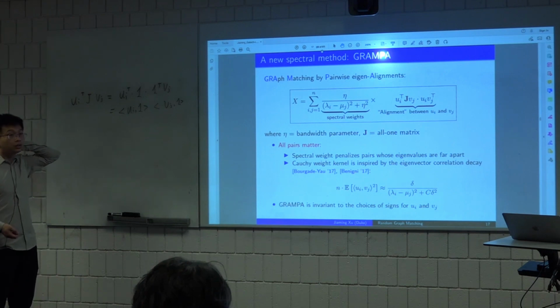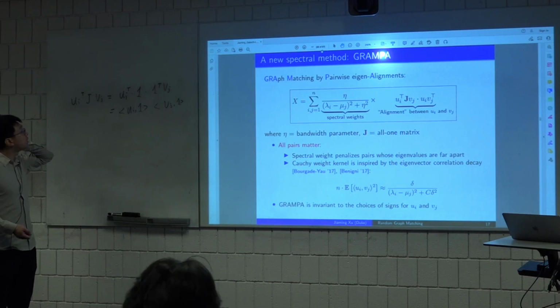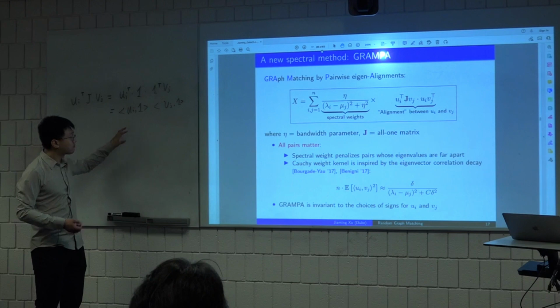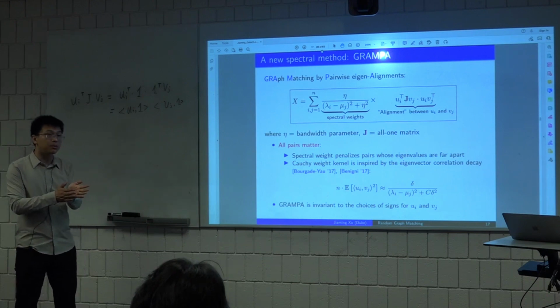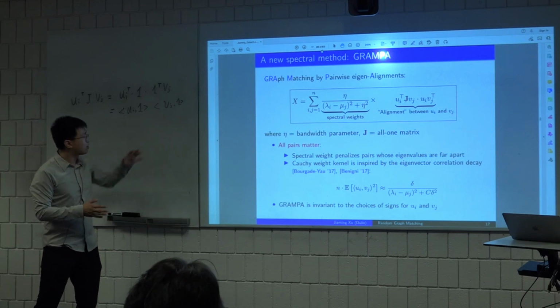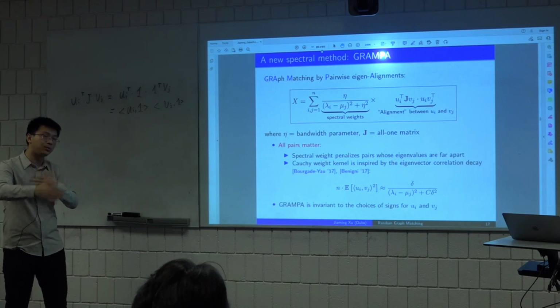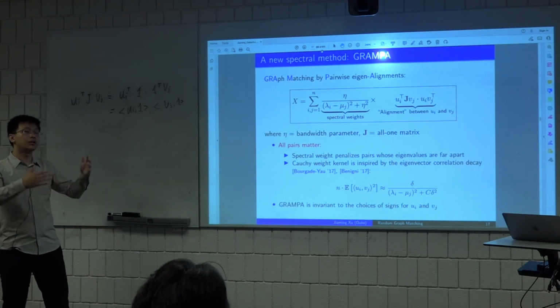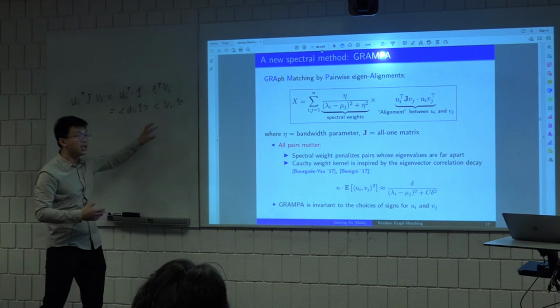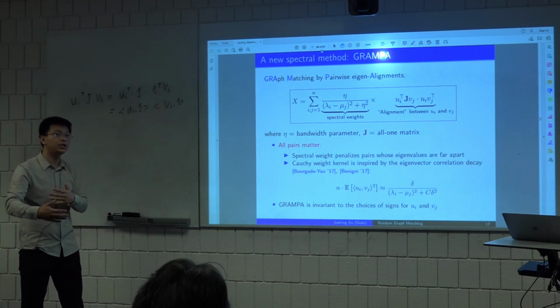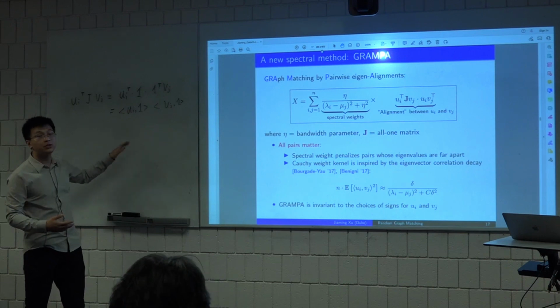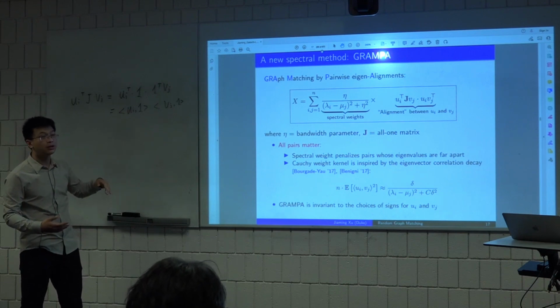So you can just take the inner product of UI and VJ. But the thing is that you do not know the underlying permutation. So UI and VJ, when I say they are close, it is up to a relabeling of the coordinates, right? Even if UI and VJ are the same, but there's a shuffling of the coordinates, then if you directly compute the UI and VJ inner product, this will be small, right?